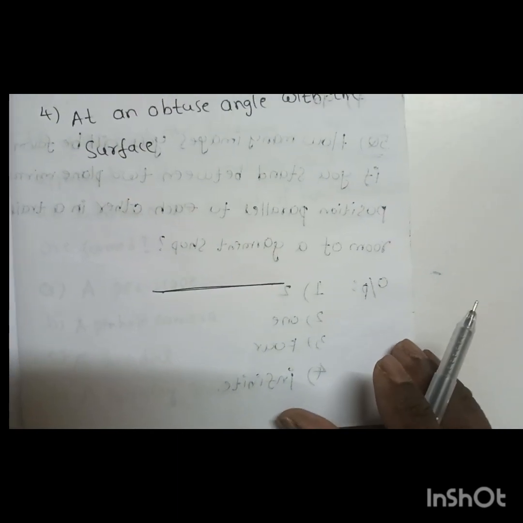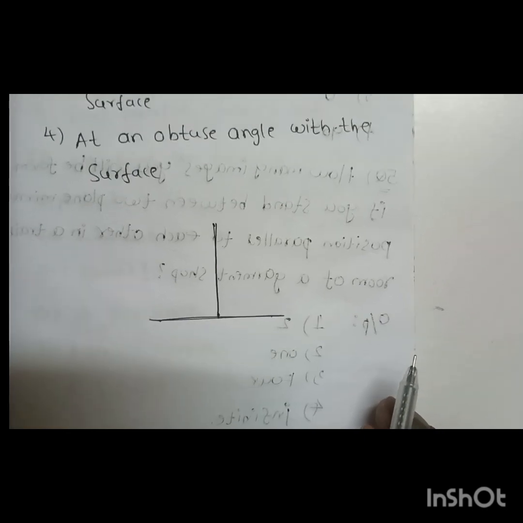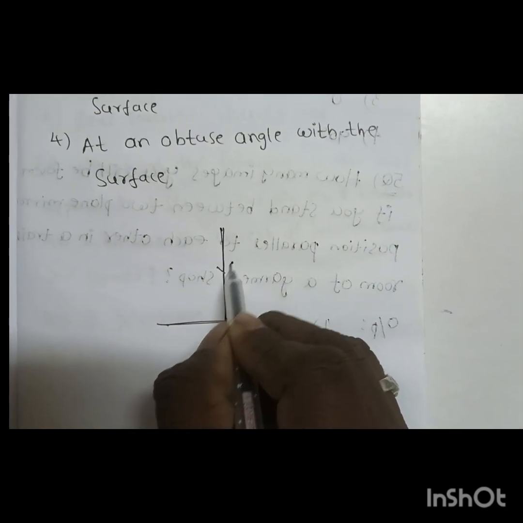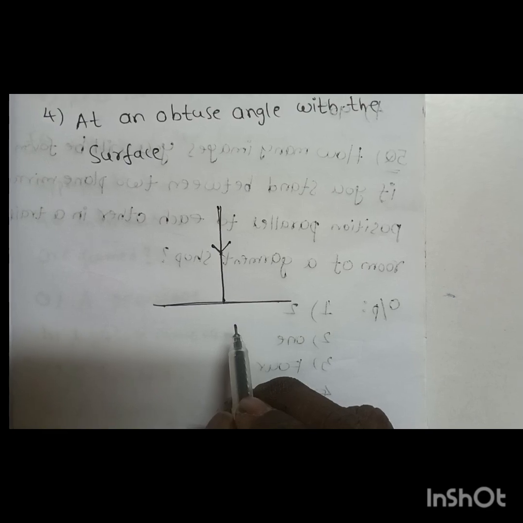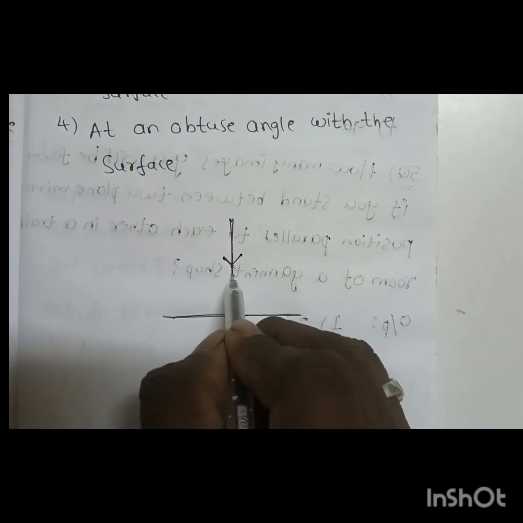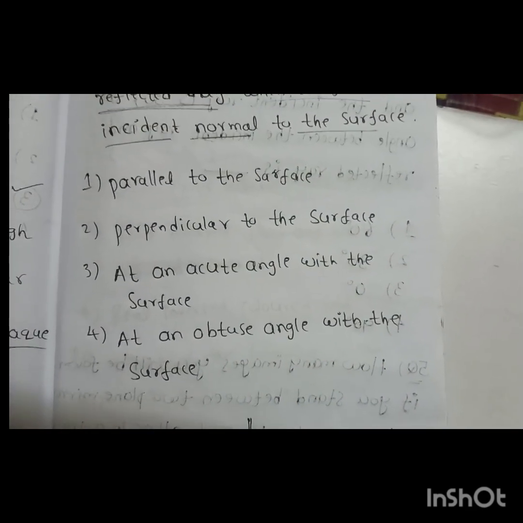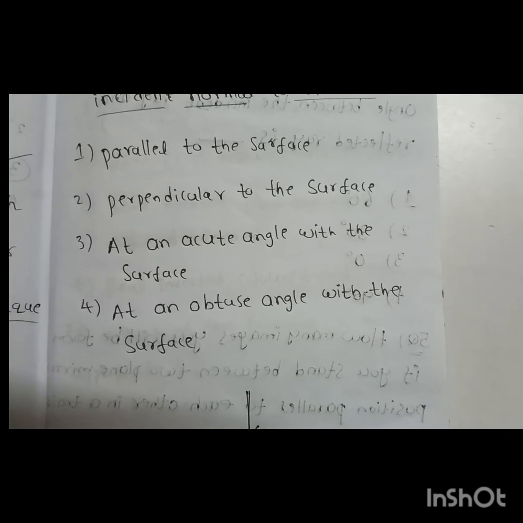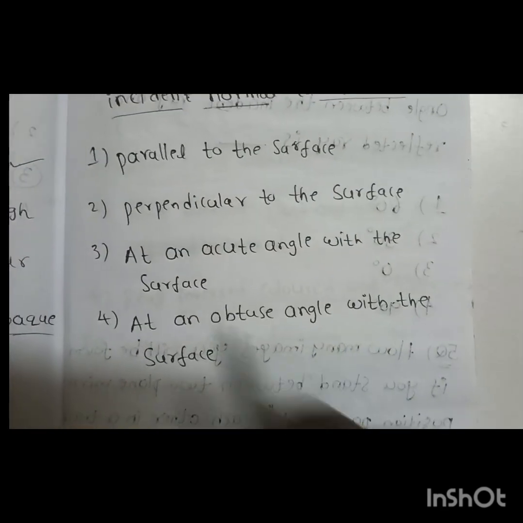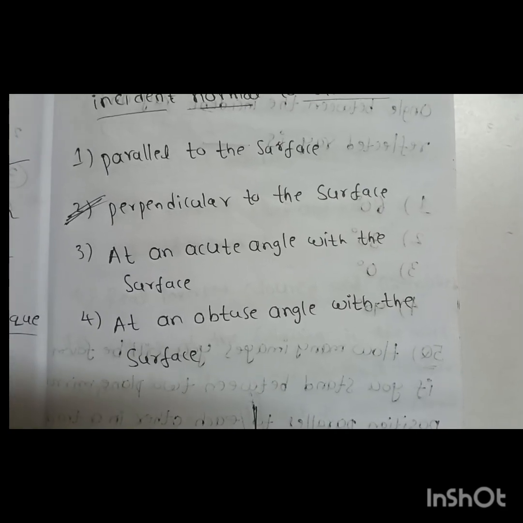If you suppose one surface is here, and light is incident along the normal, so it is 90 degrees, and in whichever way it enters, the same direction it will reflect. So that is perpendicular to the surface, and that is option number 2.